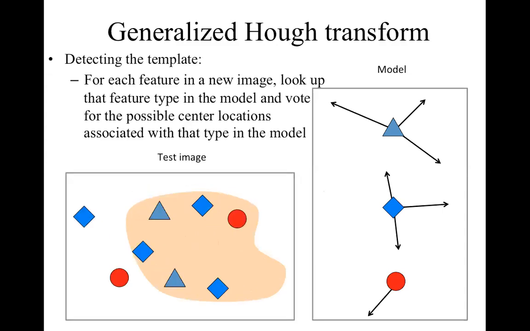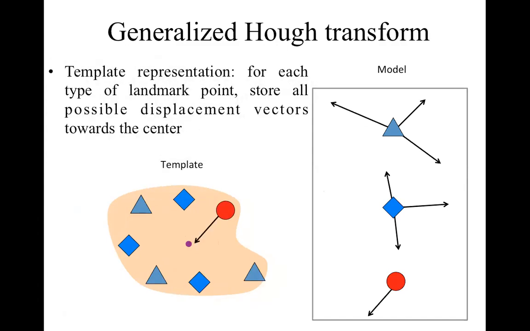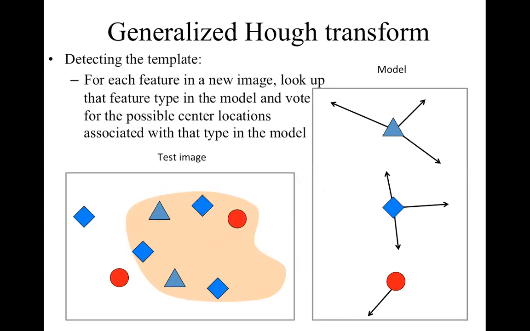Now, if you go to a test image, at training time you build your database of displacement vectors from a landmark point to the center of your object, and at test time you have the image. You detect the landmark points.